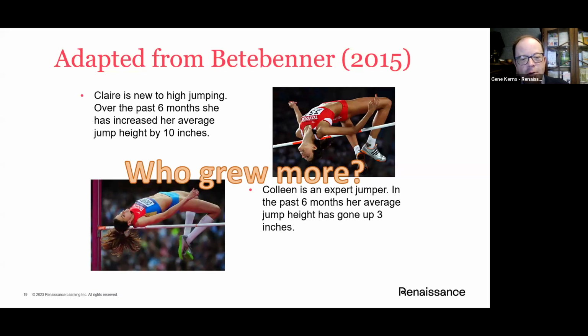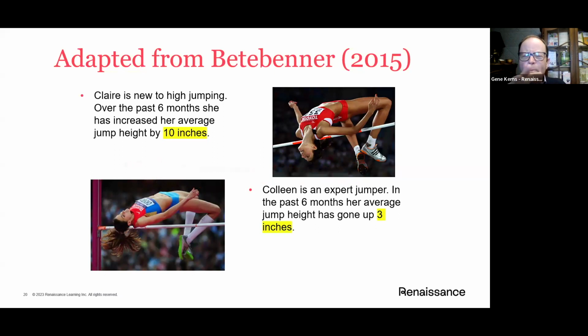Okay. Now, if you say absolute growth, I mean, we can say who grew more. Yeah, Claire grew more. She increased her jump by 10 inches, while Colleen only increased hers by 3. But there's something about us that makes us pause because we say, but I have no frame of reference. Maybe increasing by 10 inches is very common for someone that's new, that literally knew nothing about it, had never been coached to do this.